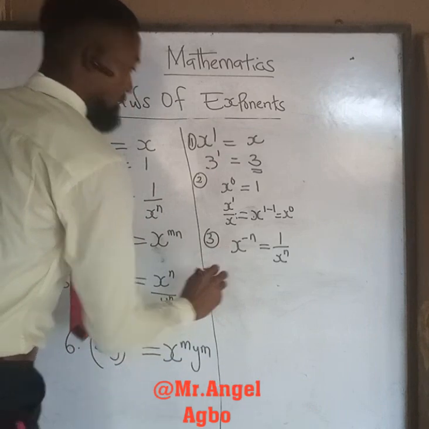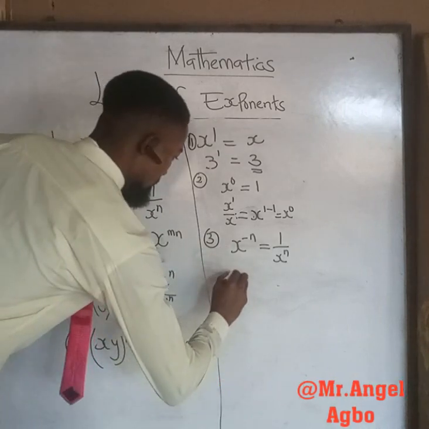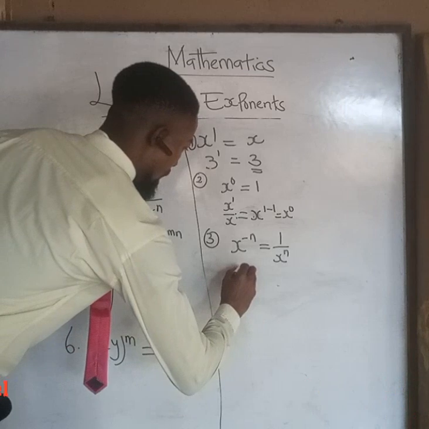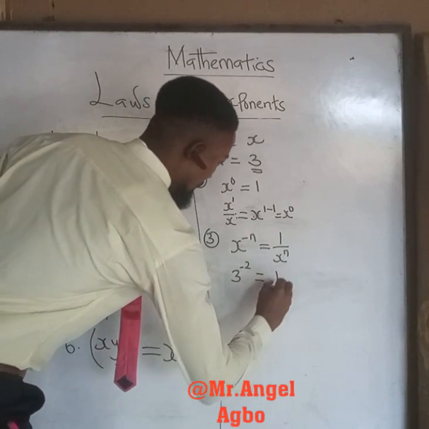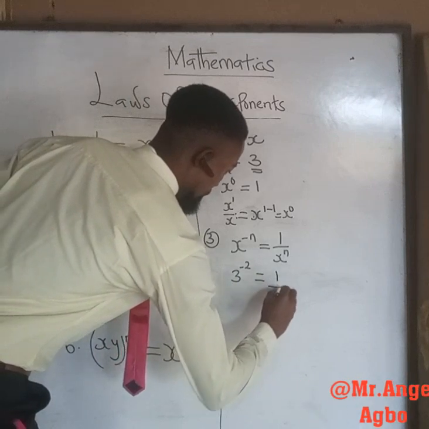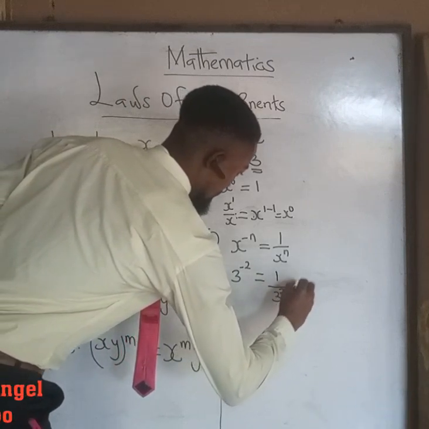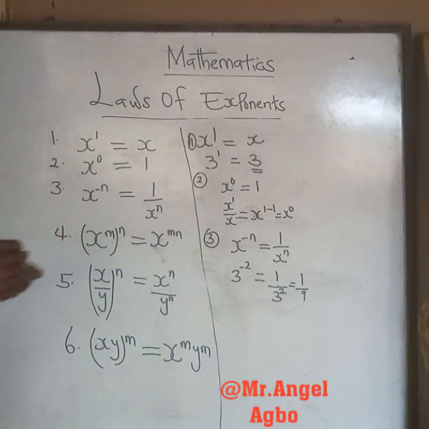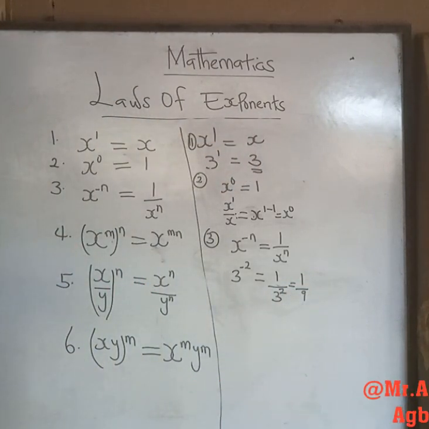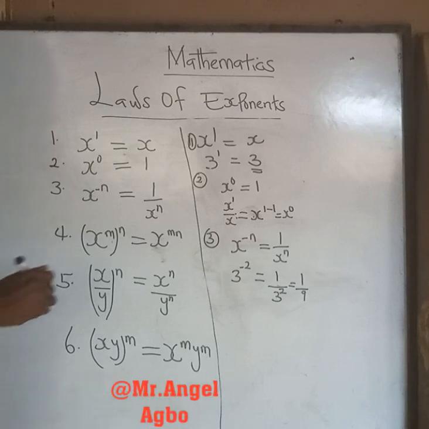Do you get that? Yes. Let's say 3 raised to the power of minus 2. It's going to give us 1 divided by 3 raised to the power of 2. It's going to give us 1 over what? 9. Do you get that? Yes. So 1 over 9 is the same as what? 3 raised to the power minus 2.